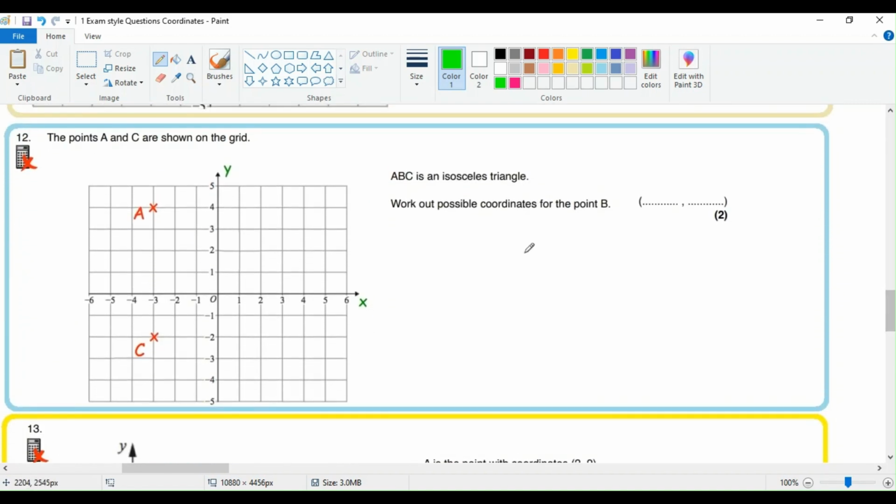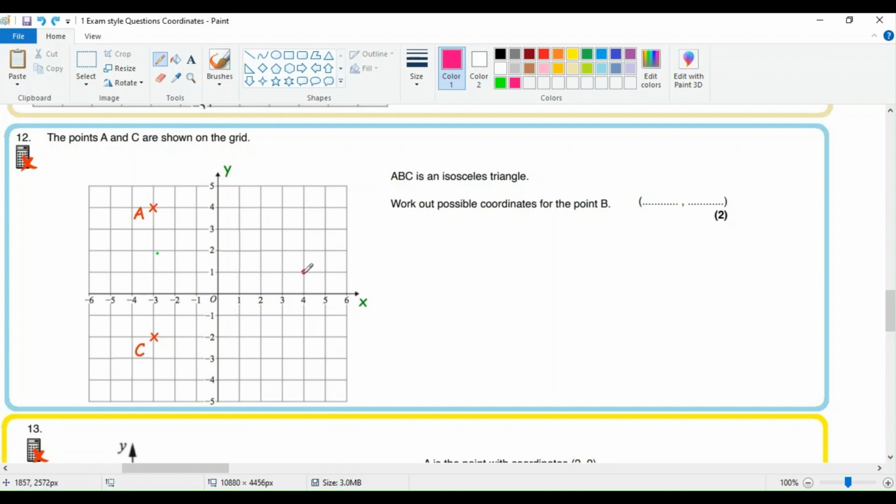In here it says ABC is an isosceles triangle. Isosceles means two sides are equal, and you can see the distance between A and C is 1, 2, 3, 4, 5, 6. That means the midpoint, 1, 2, 3, is going to be a straight line from here. 1, 2, 3, 4, 5 I can take from here. So if this is the point, it's going to make an isosceles triangle, or you can take one more ahead.